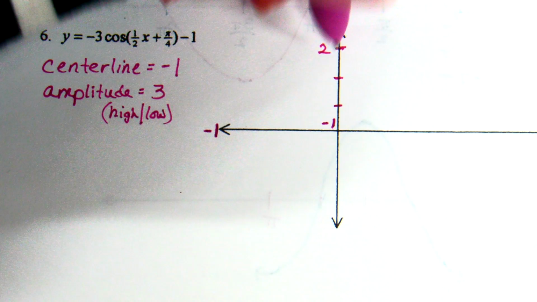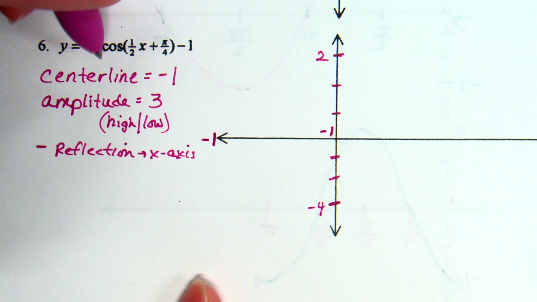Now, some of you tried to tell me a negative amplitude. It's not really a negative amplitude. It's what? The x-axis. Now, with that in mind, what is it that we're graphing? Normally, cosine is a big old valley.